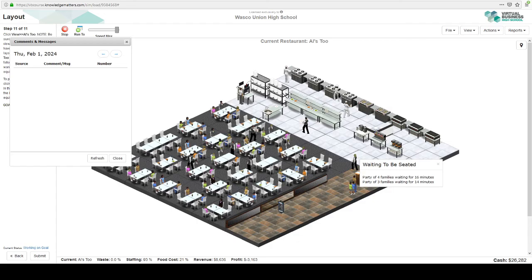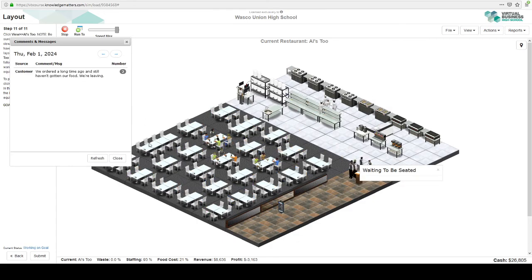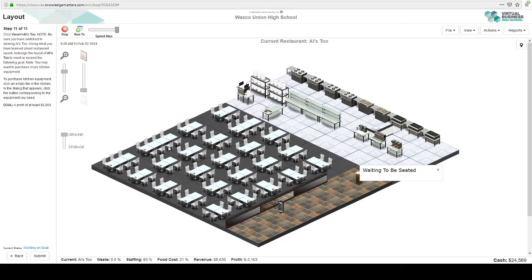Oh, 20 minutes there. Okay, I don't know if you're watching this, but I don't see anybody sitting in this big old table. So I'm thinking I'm going to pause this. Let's do some more tables for 4. The more tables we have, the more customers we can serve quicker.